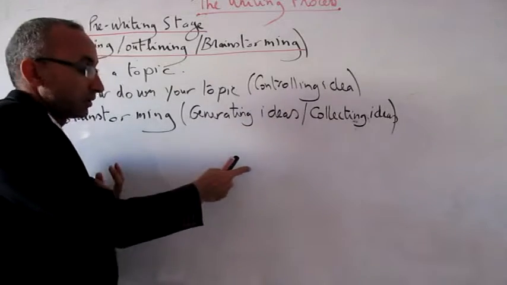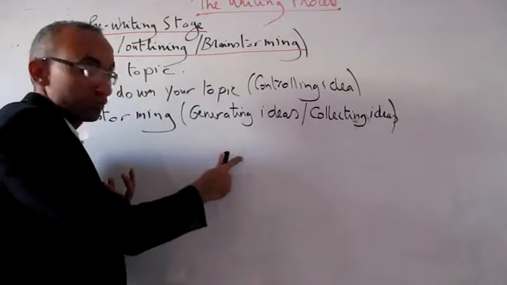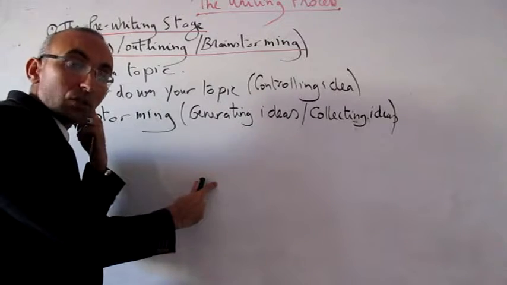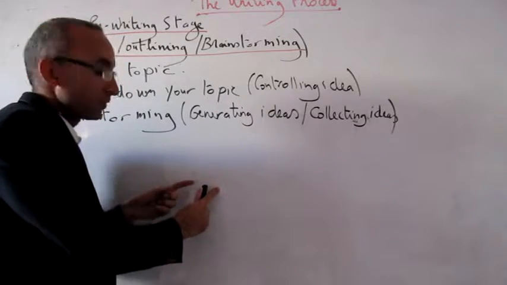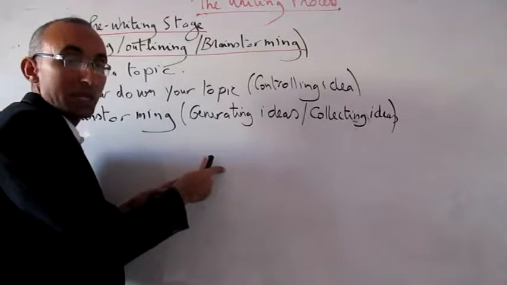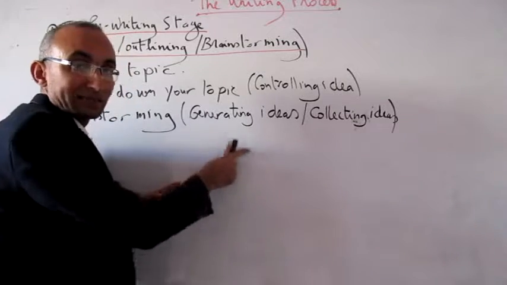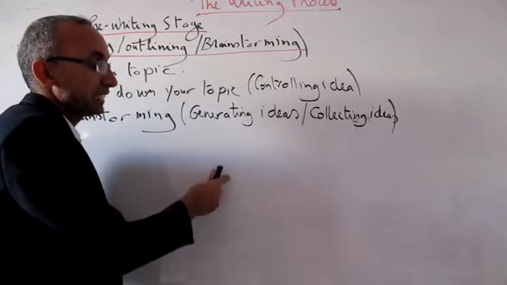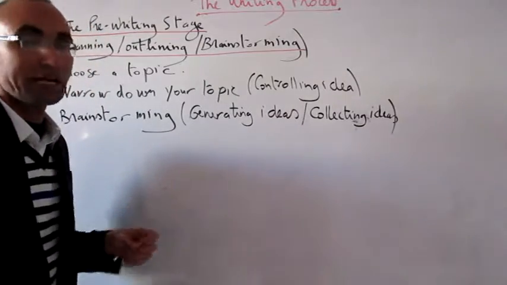You draw, for example, a circle for the topic and the central idea or controlling idea, then you attach it to other circles, which represent the ideas you have collected about the main idea of the causes of drug addiction.